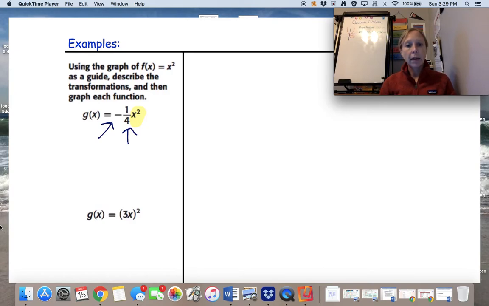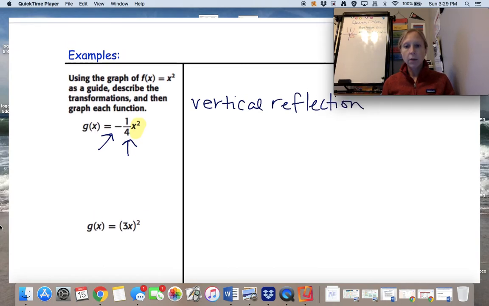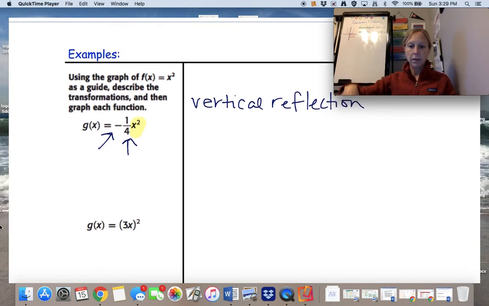Well, remember a negative that's outside of the function is a vertical reflection, or what you could also say, okay, remember vertical reflection means it's reflecting up and down. You could say it's a reflection over the x-axis. Either answer is acceptable. You can say vertical reflection or reflect over x. Both are 100% A+. Actually, I don't give A+, it's 100% A.